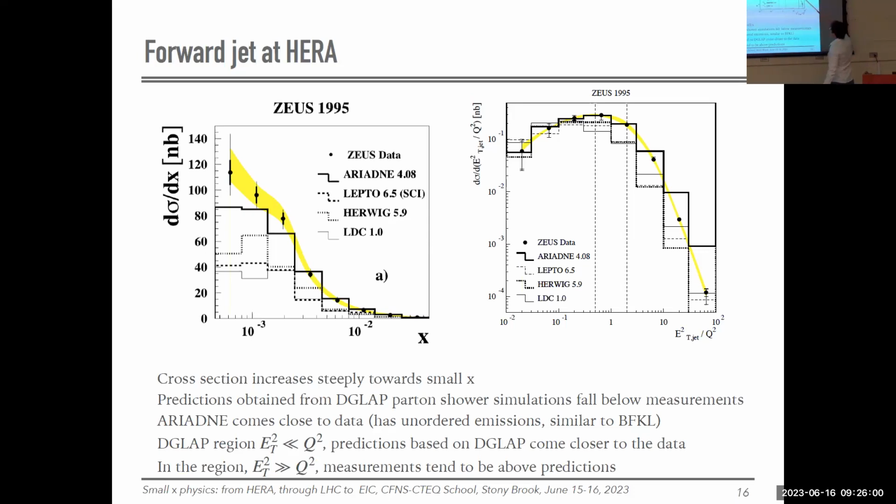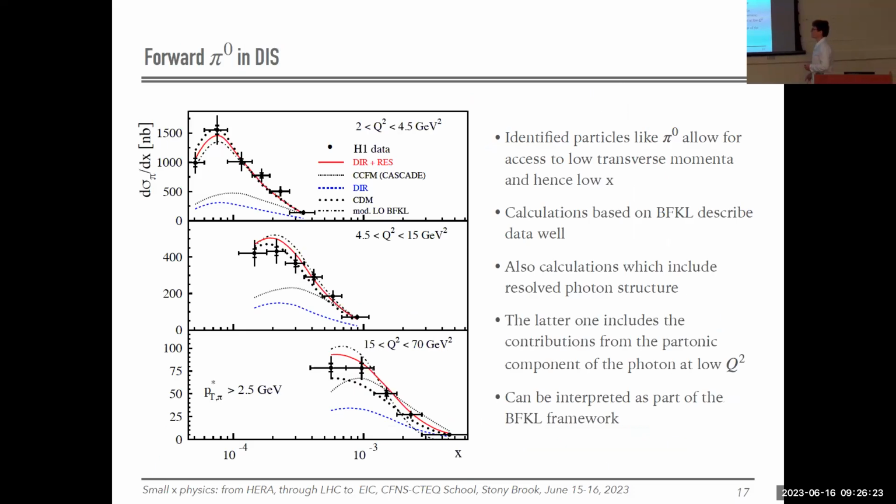And then the DGLAP-based Monte Carlos, which are these dashed lines, start to fall below. Ariadne is maybe better, but then here it starts to be too high. So I would say neither of them describes the data perfectly, but certainly you can say that something is missing there. So maybe there is small x physics there.